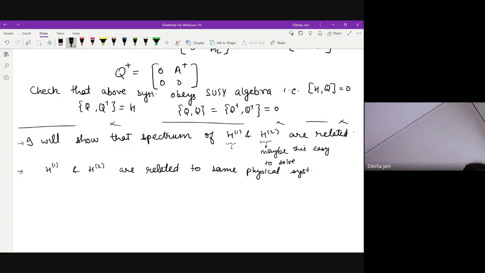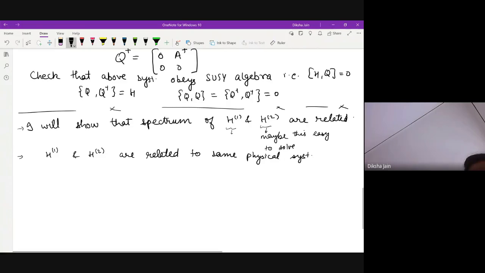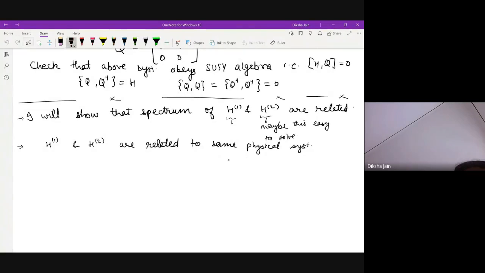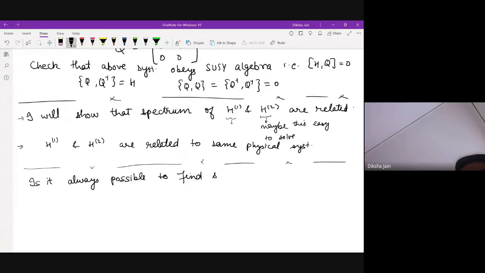And the second thing you can ask: okay, this is how H1 and H2 will help you, but is it always possible to find such a W of x? If I am given a potential V1 of x, is it always possible to find a superpotential W of x such that I can do this procedure?